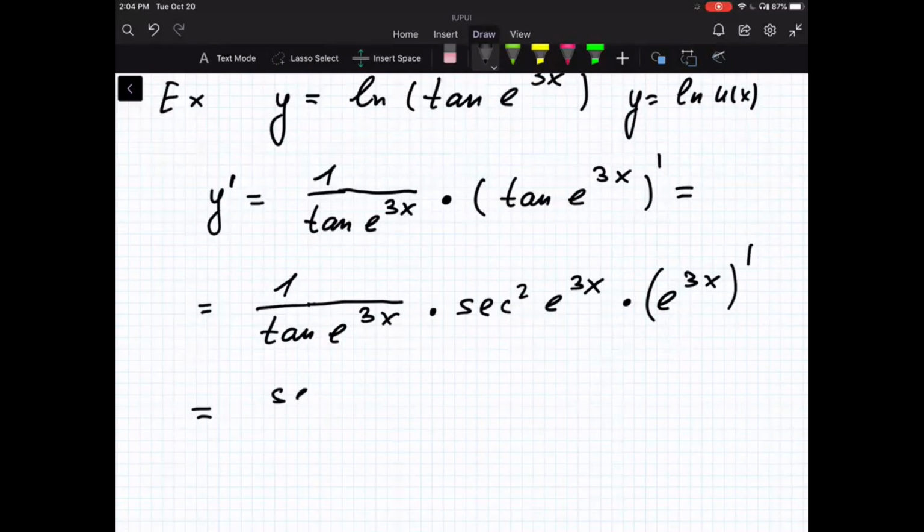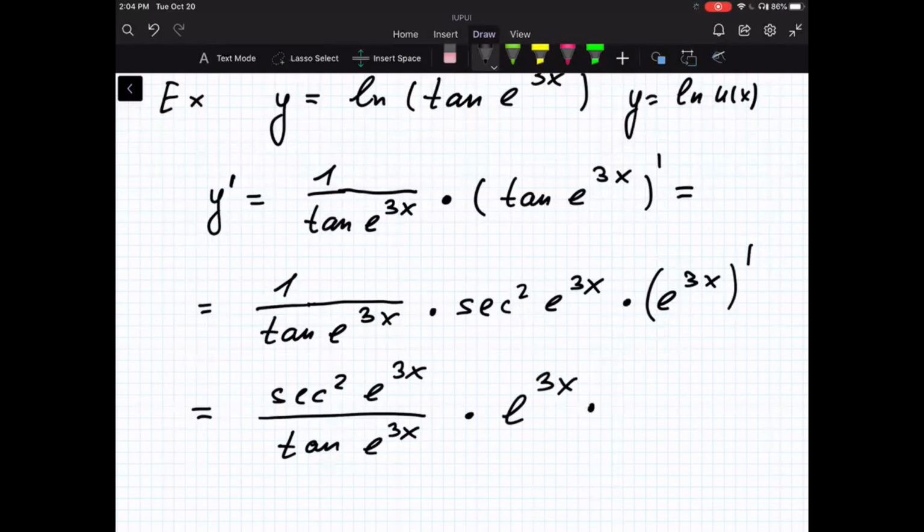So you get secant squared of that exponential divided by tangent of that exponential and times the derivative of that exponential, which is the exponential itself, times the derivative of 3x, which of course gives me 3.